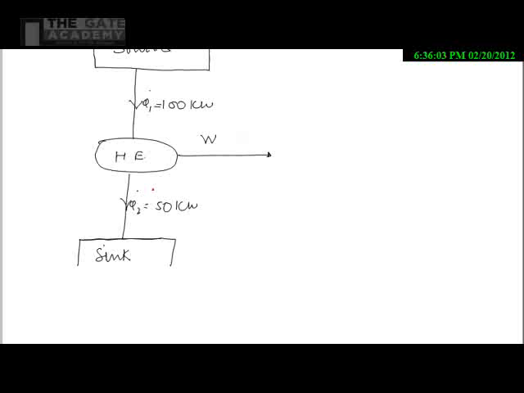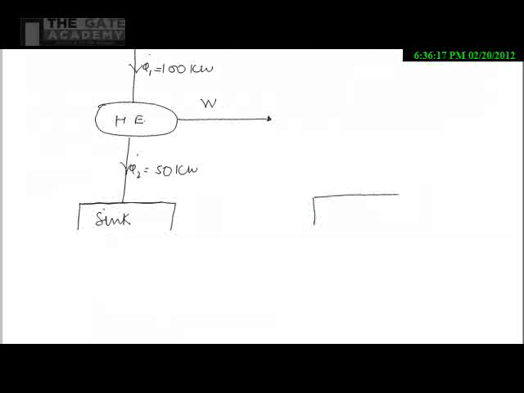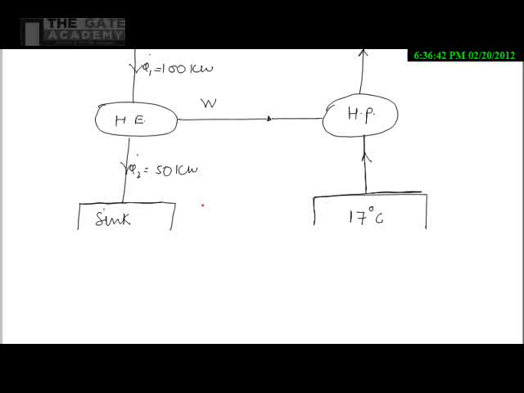So here, if you see, we can easily calculate W. Now I am drawing the heat pump, which is working between 75 degree centigrade and 17 degree centigrade. The heat pump uses this work for extracting heat from the 17 degree centigrade reservoir and supplying it to the 75 degree centigrade reservoir.